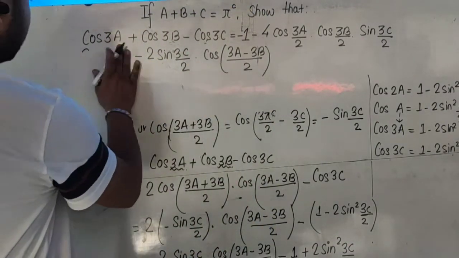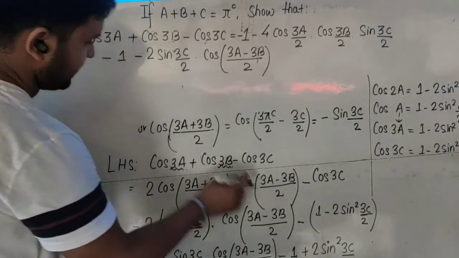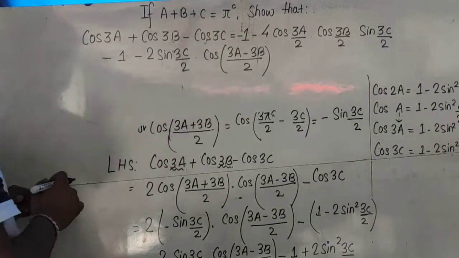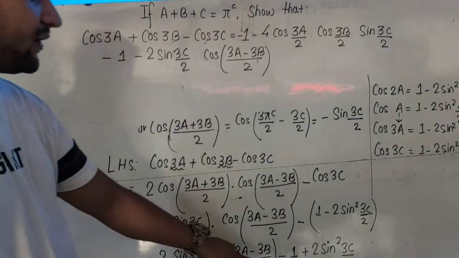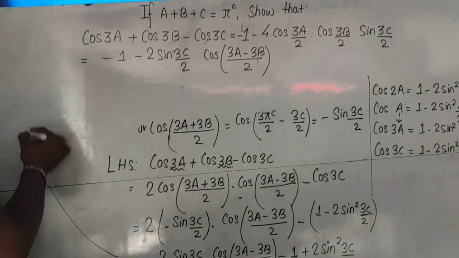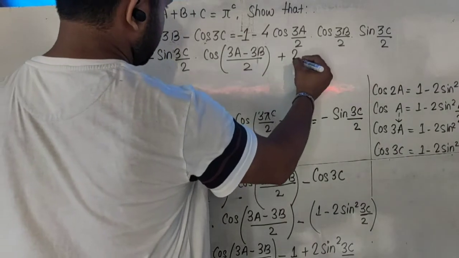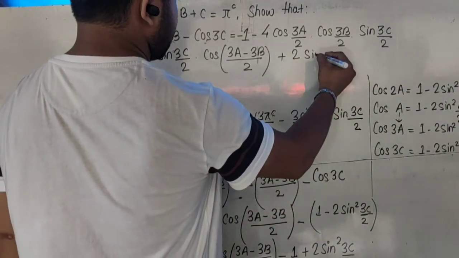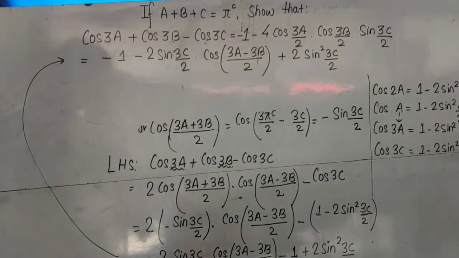I can even get it in front, so I can write here minus 1 as it is. I wrote this minus 1 in the beginning because you also have to write minus 1 in the beginning in the RHS. So looking at the RHS, I got this minus 1 before the drop. So from here I'm coming here, and now the thing that I did is plus 2 sine square 3c by 2. Okay, we are here so far.